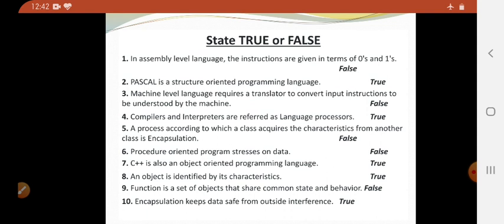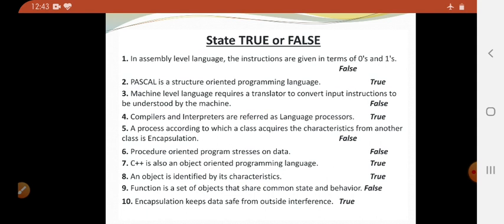False. Next, compilers and interpreters are referred to as language processors. Yes, to make our language understood by the computer, we require language processors, and compilers and interpreters work like that only.